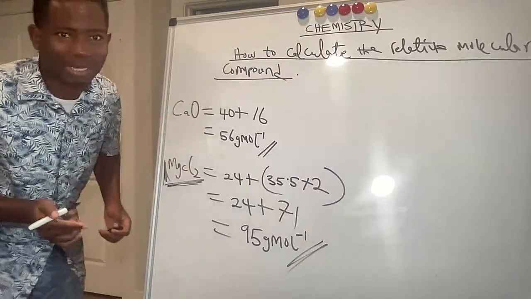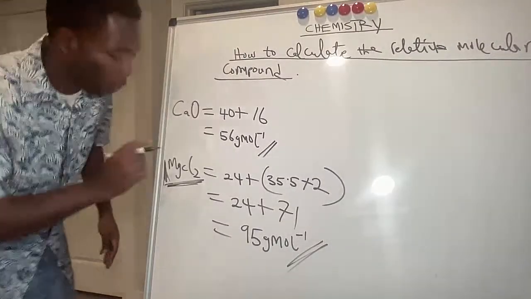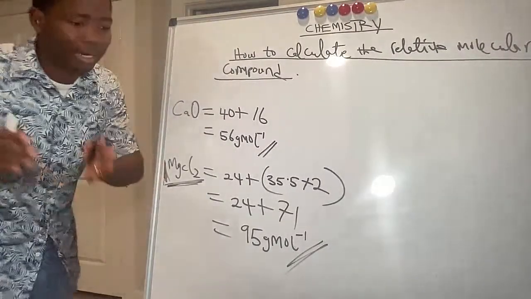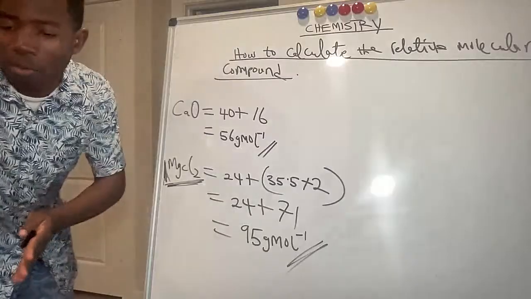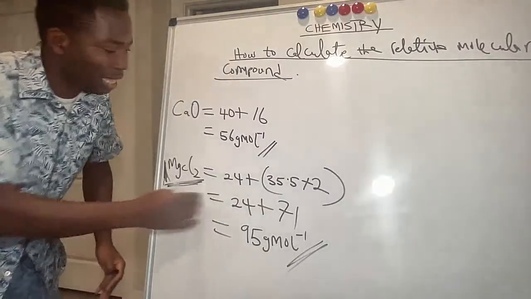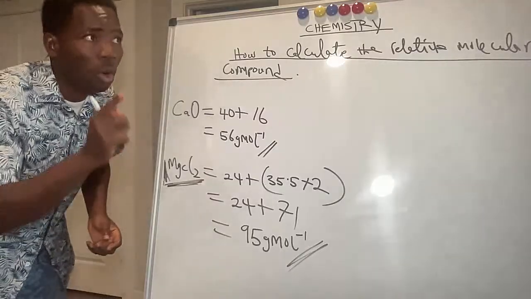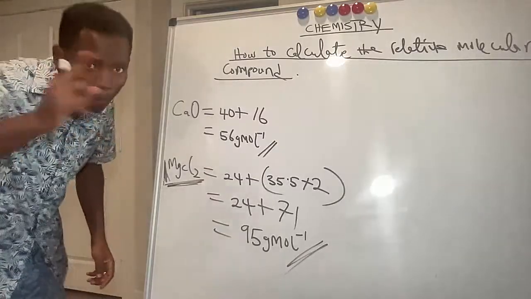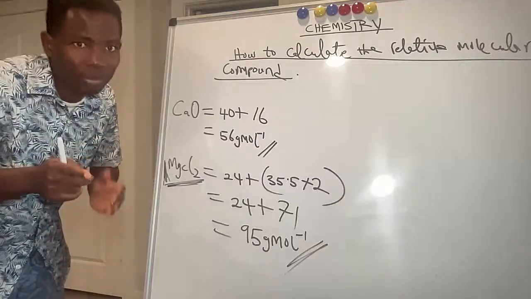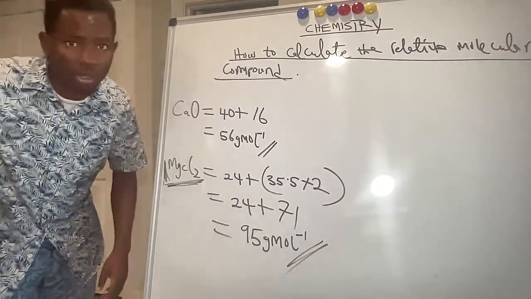This is just like an exchange rate, you know. For 1 naira, we know the equivalent in dollars, we know the equivalent in pounds. So this is how it is too. 1 mole of any compound is not equivalent to the same number of grams for all compounds.